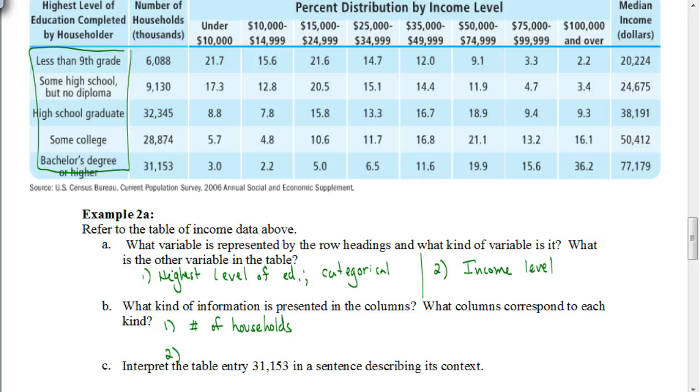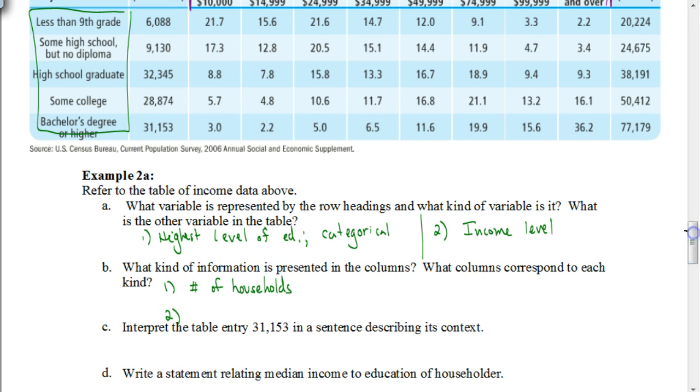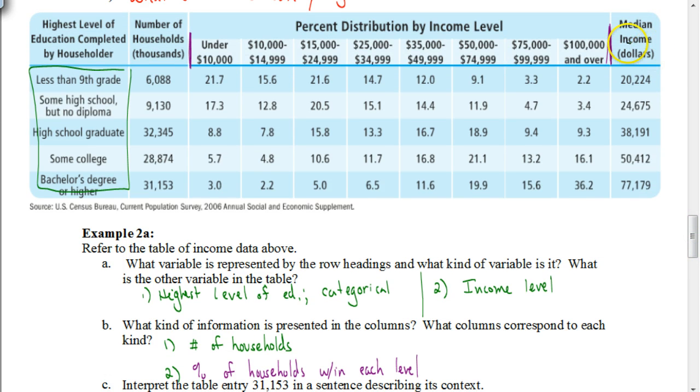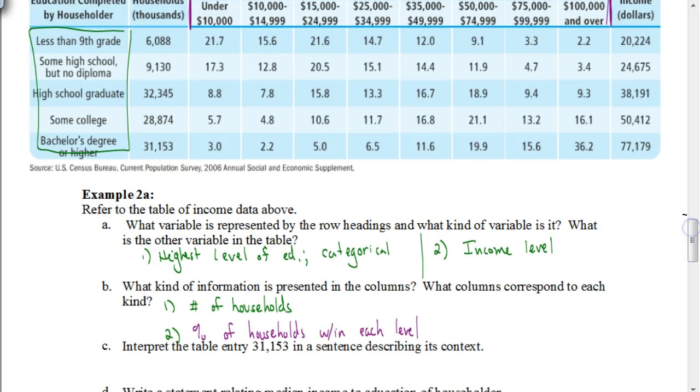The second thing that we have is the percent of households. So from here to here, all of that is dealing with the percent of households within each level. And the last thing that we have is this very last column way down here dealing with the median income.